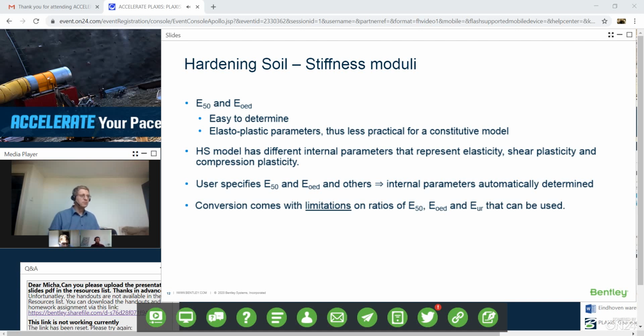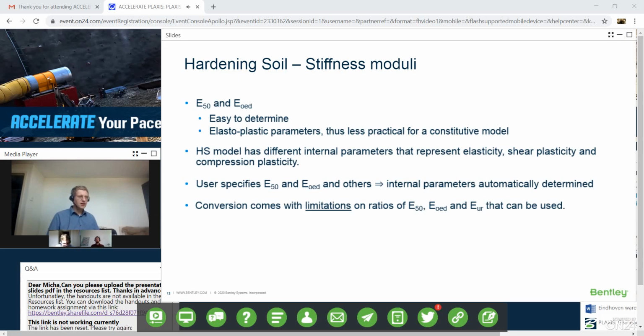Again, why is this important? Because since this is a small procedure, it may not be able to find internal parameters. The conversion has a couple of limits, and one of the limits is on the ratios between E50, E odometer, and EUR. We cannot use very extreme ratios between those parameters.